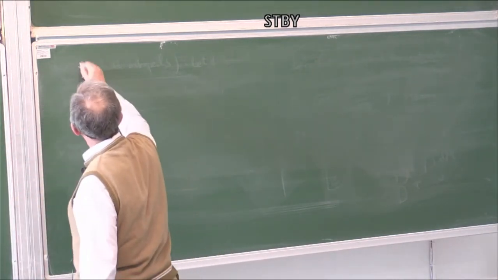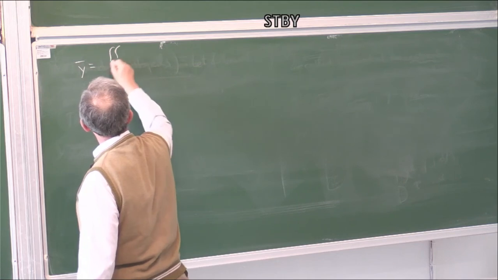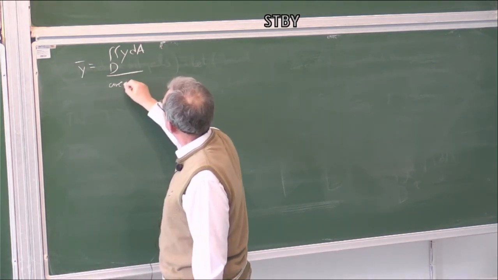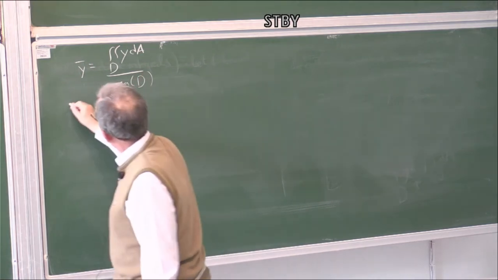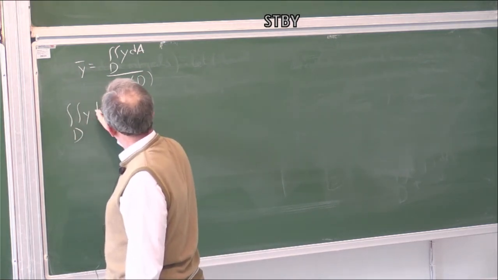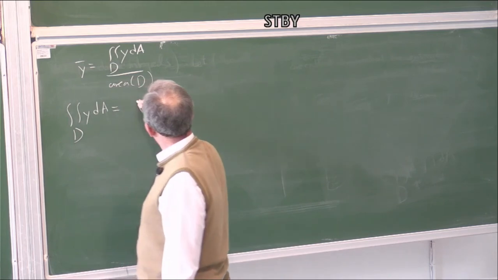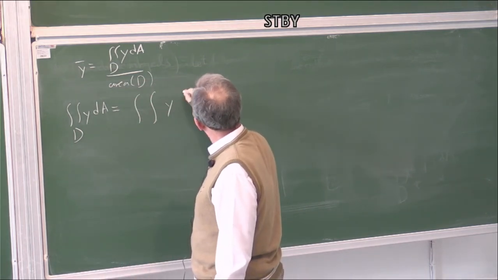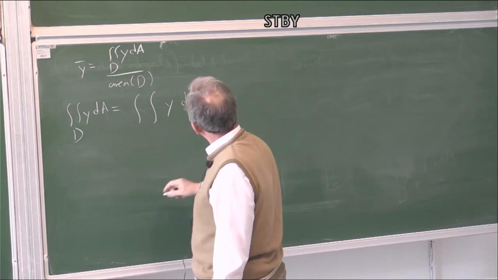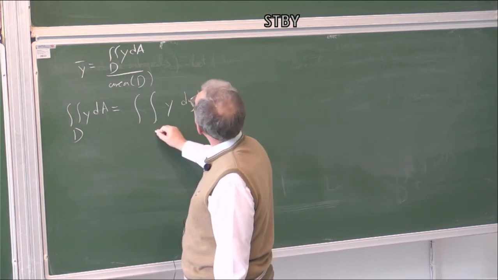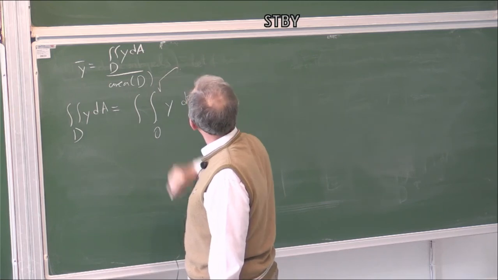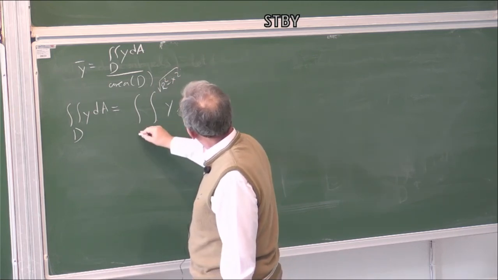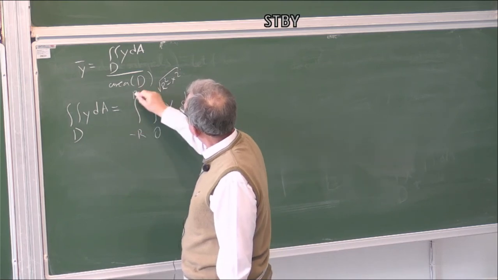Now for y, we have the double integral of y divided by area of D. And of course, the double integral of y dA is the integral of y dy dx again, from 0 to root of r squared minus x squared, and from minus r to r.